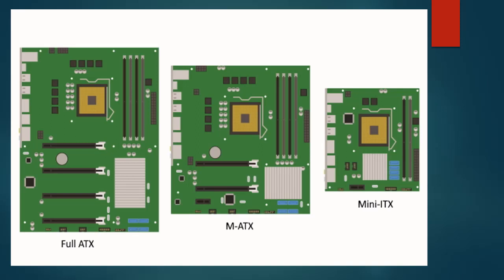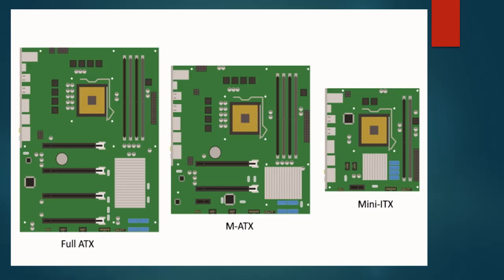Now prior to ATX was the AT form factor. AT stands for Advanced Technology, and this was used in the 1980s and was developed by IBM. AT motherboards are 12 by 13 by 18 inches in size, and they are no longer in development since the success of ATX. Another version of the ATX motherboard is the Micro ATX.